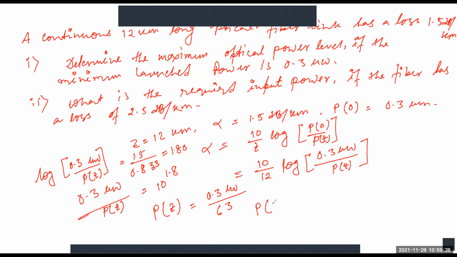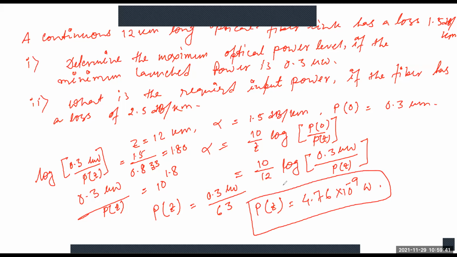From this calculation, you will get the answer, 4.76 into 10 to the power minus 9 watt. The answer is written here in watt. Okay, this is the first answer.